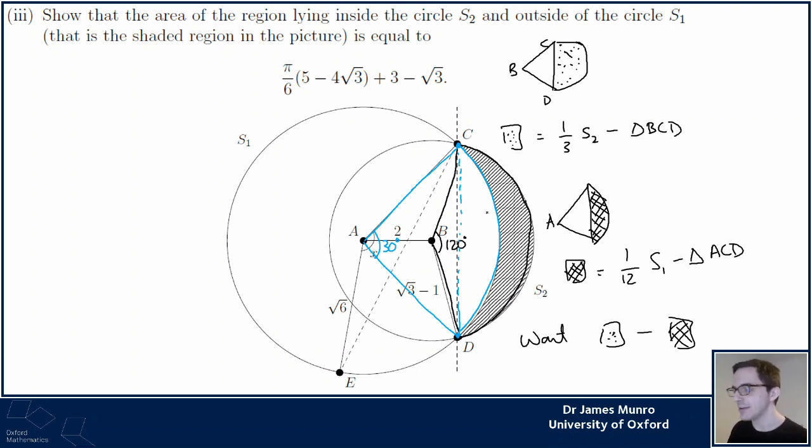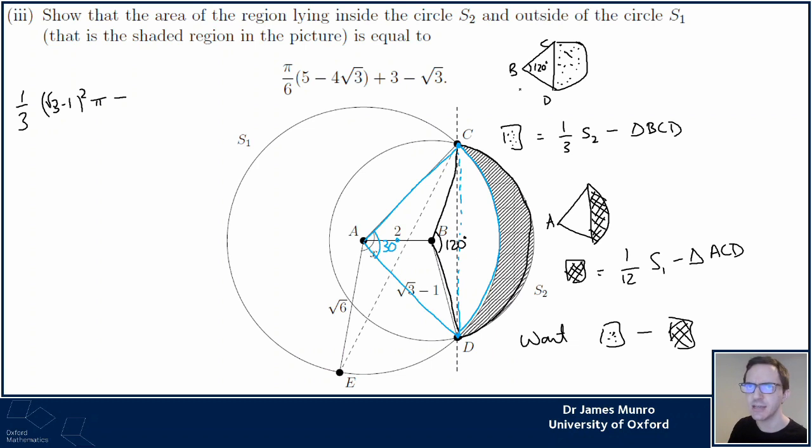Okay, so spotty area is 1/3 of the area of S2. S2 has radius √3 - 1, squared times pi. Pi r squared, 1/3 of that circle, minus, and then for the area of BCD, I'm going to use the fact that I know the radius BC and BD, and I know this angle.